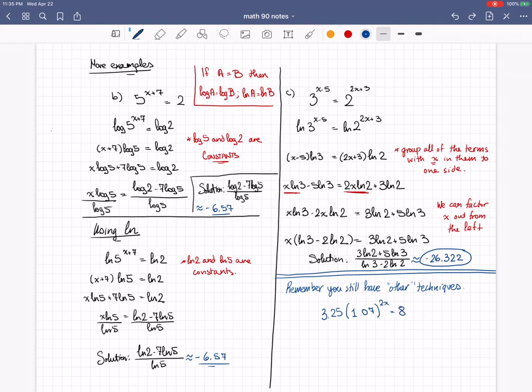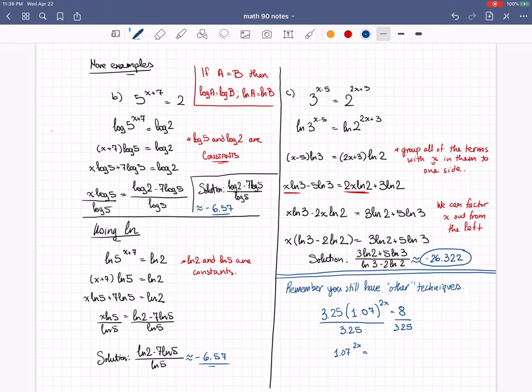But before you do that, you'll notice that your exponential is being multiplied by 3.25. And so you say, oh, well, I know how to get rid of that 3.25. I can divide both sides by it. Okay, so on the left, we have 1.07 to the power 2x. On the right, we have 8 over 3.25.